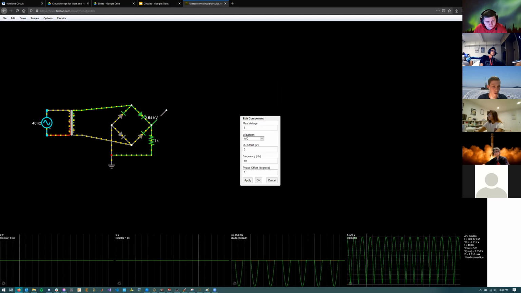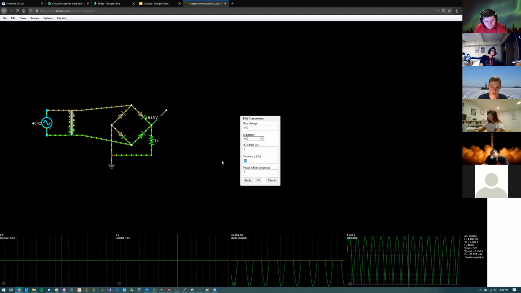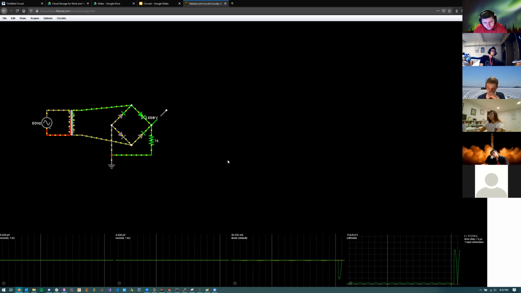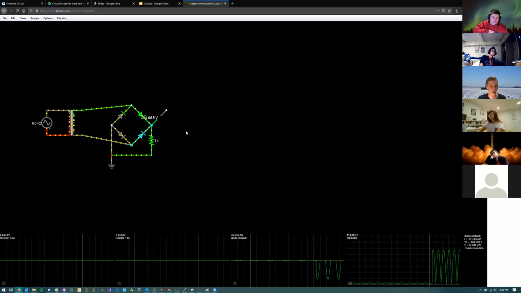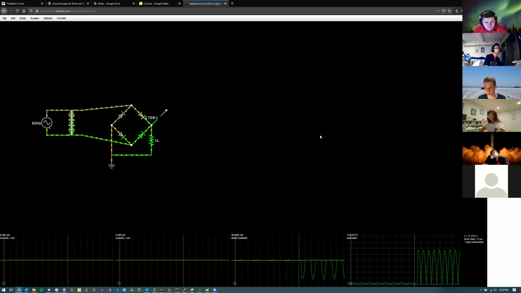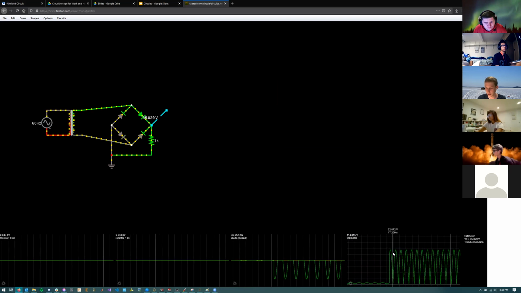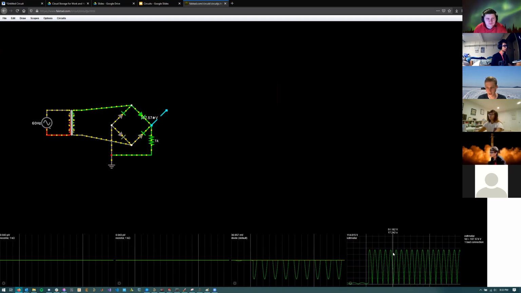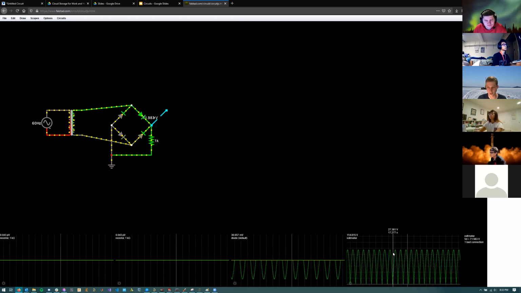Let's switch it up to what your wall actually outputs, so it's going to be 150 volts, 60 hertz. And you'll see it's switching from one diode to the other as it allows current to flow. In our flight computers, this is one of the larger challenges we face: dealing with ripple voltage.